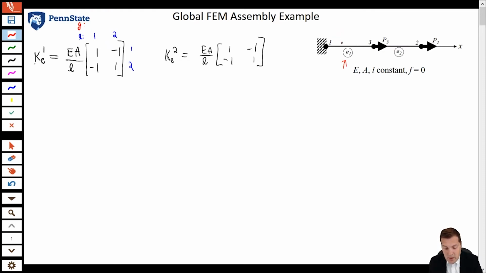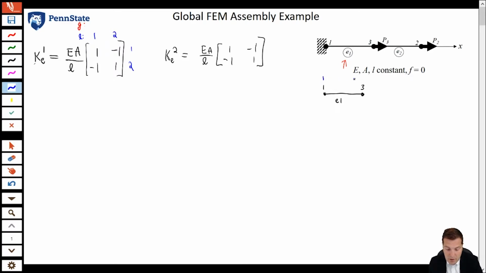And if we were to put local numbering, if we extract element 1, for example, let's just draw it here. Maybe I'll use a different color. So let's draw element 1. So we're going to have 1 and 3. That's globally. What is it locally?